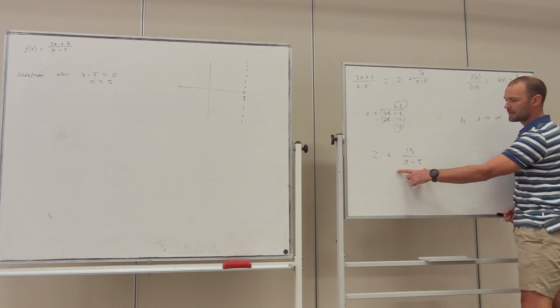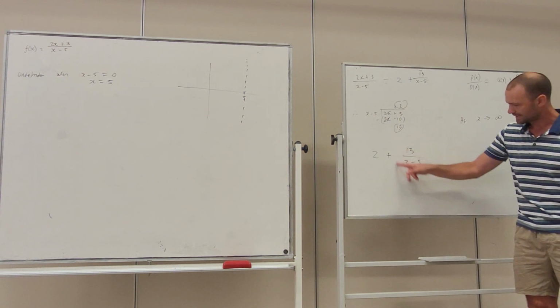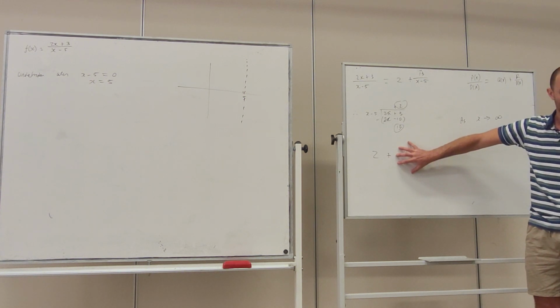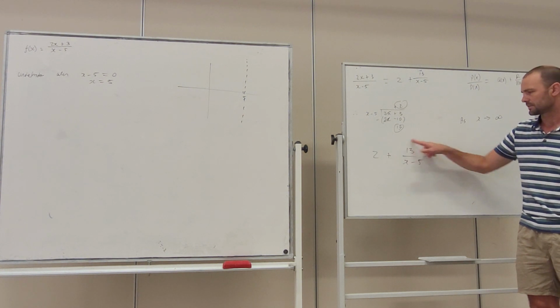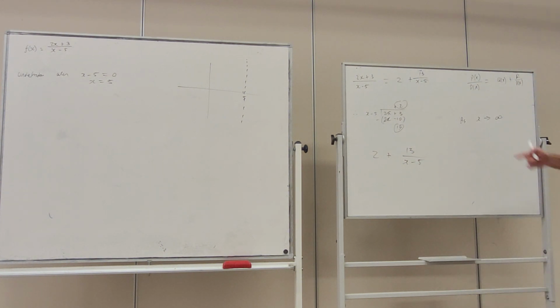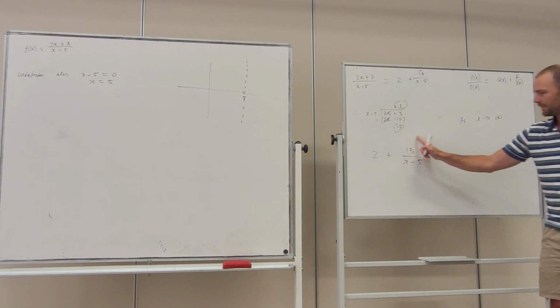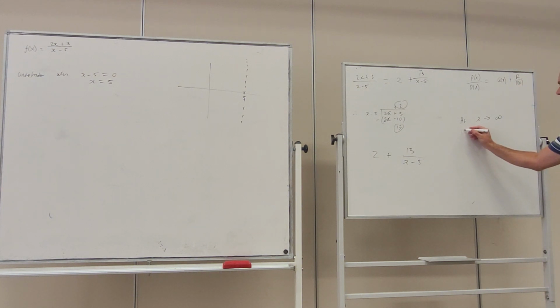Alright, 13 divided by infinity. This component is approaching 0, 0 from the positive direction, because this is a positive number. So as x approaches infinity, 13 on x take 5 approaches 0 from the positive direction.